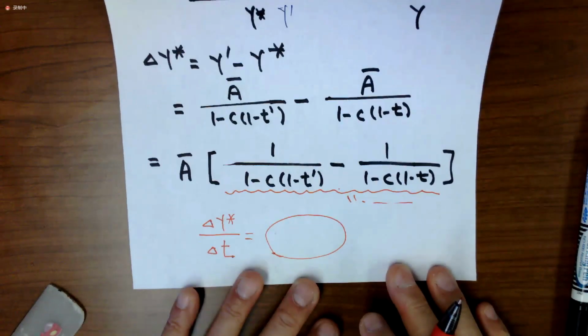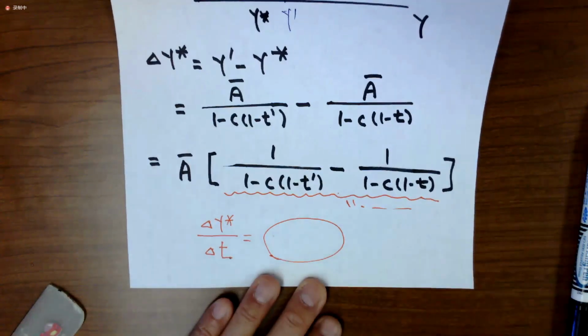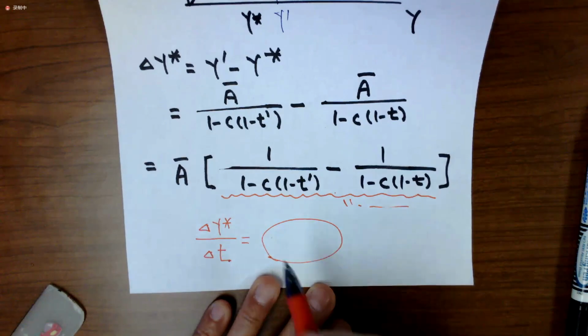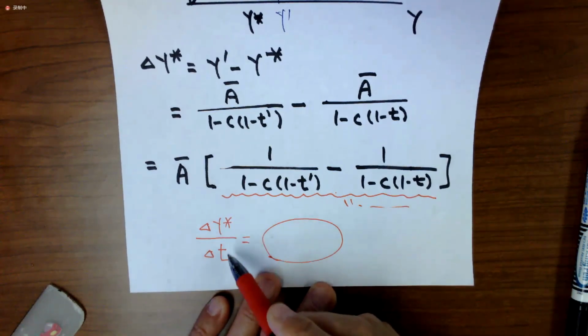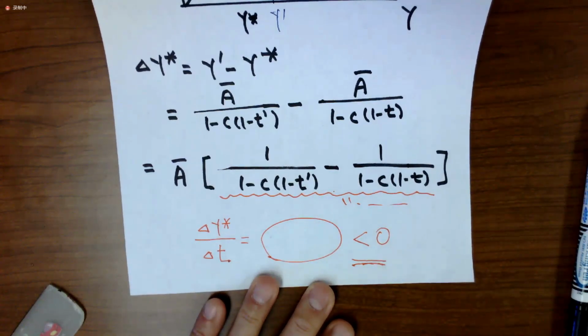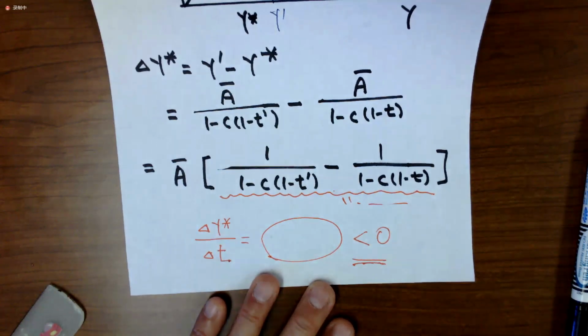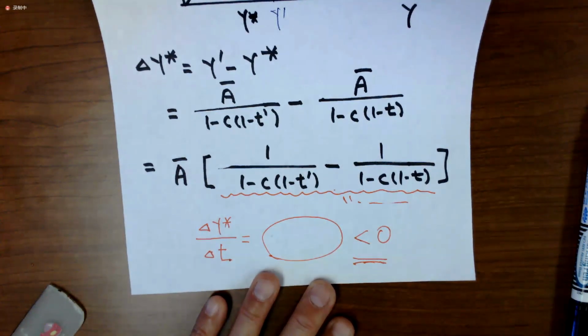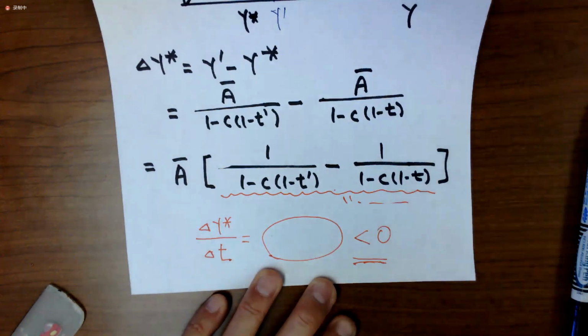But the key here I want you to be aware of is the sign of the tax rate multiplier. It is going to be negative. Say yes. This is the key. So that goes back to our original discussion.